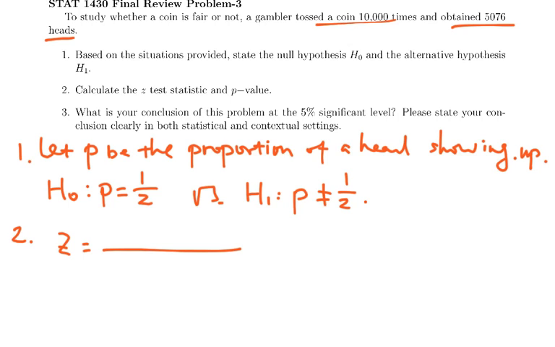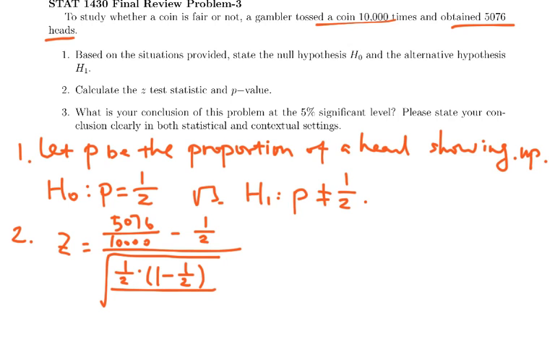In this case, that is 5076 divided by 10,000, minus p0, that is the proportion that appears in the null hypothesis, that is 1/2, divided by the square root of p0, that is 1/2, times 1 minus p0, that is 1 minus 1/2, divided by n, and our n here, that is the total number of trials, that is 10,000.